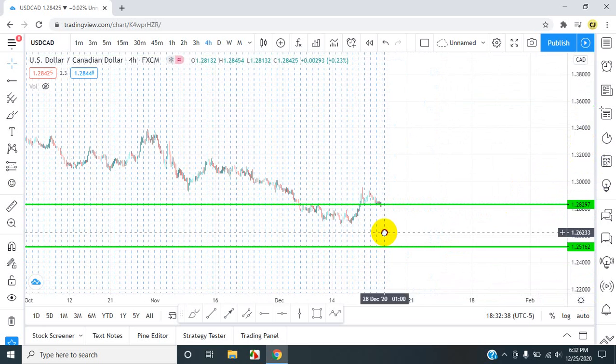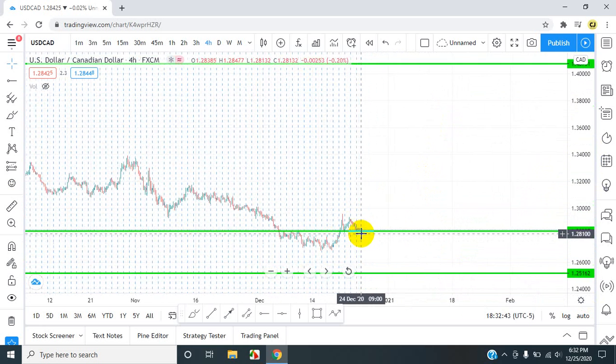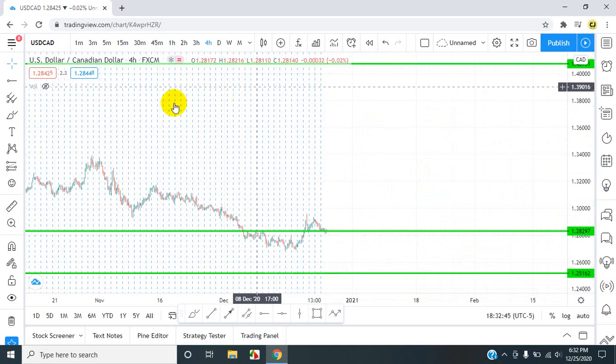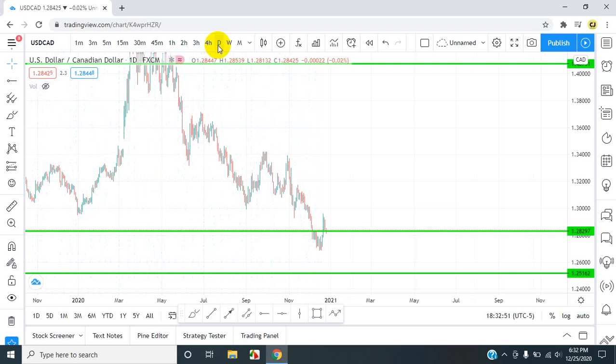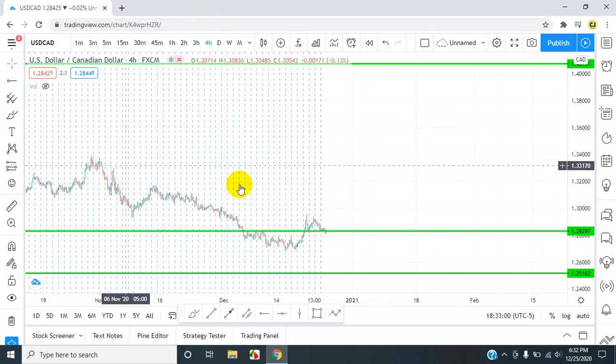Our goal is to eventually be able to take UCAD all the way up to the top of this green line. So the goal is to take UCAD all the way to its green line and see how many pips.